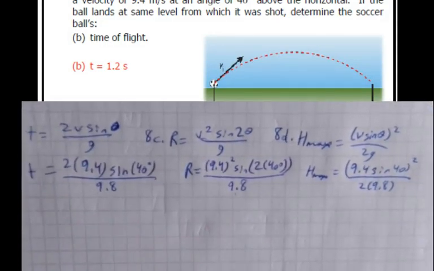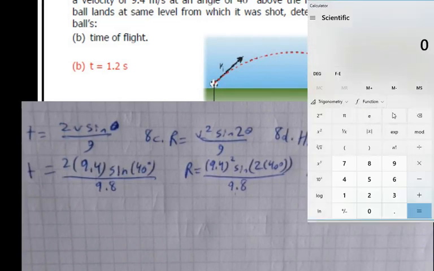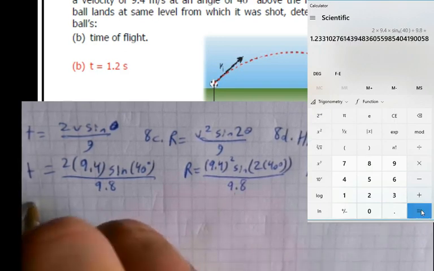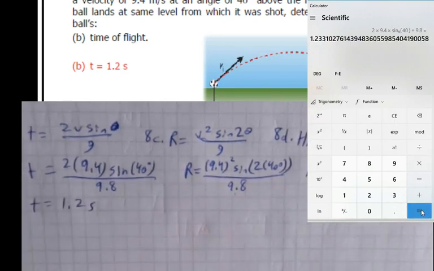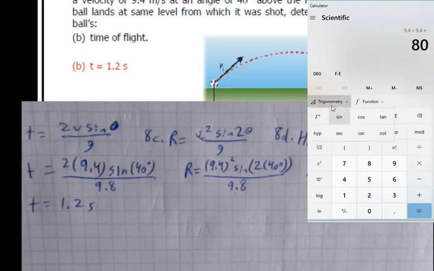For each of these problems, we'll turn the calculator on and solve. 2 times 9.8 times sine of 40 divided by 9.8 is 1.2 seconds. The next one, 9.4 times 9.4, because it's 9.4 squared, times sine of 80, because 2 times 40 is 80.